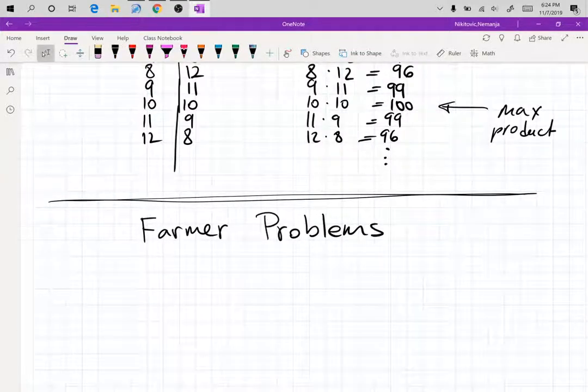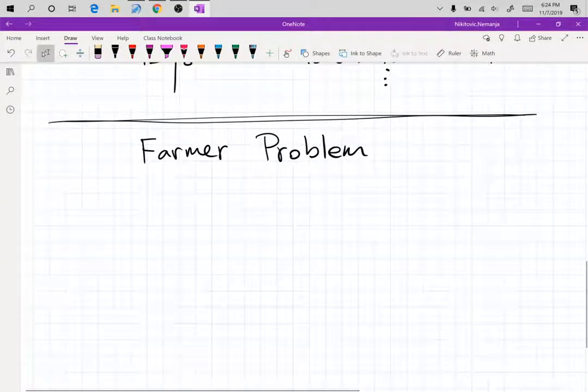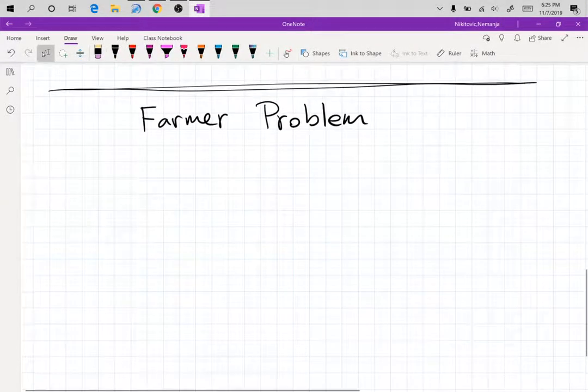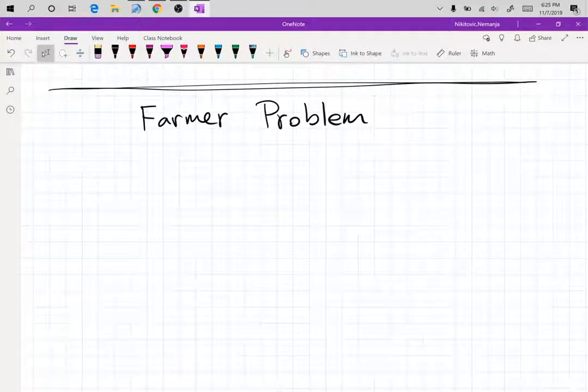What's happening with these farmer problems, these are kind of standard problems to work with. Farmer has some amount of fence, and he wants to fence off a rectangular area. Find the dimensions x and y so that the area is the max.